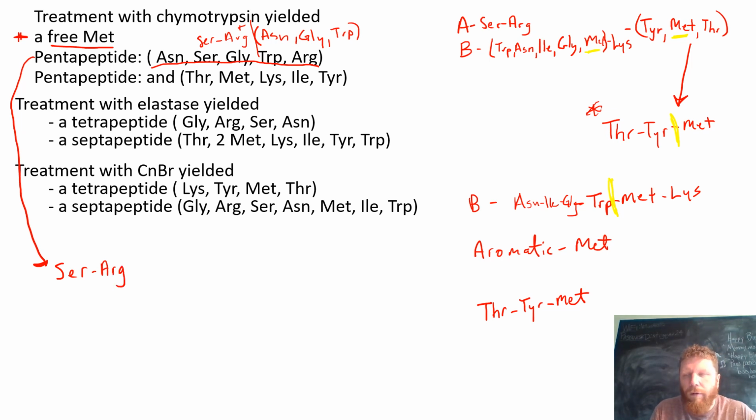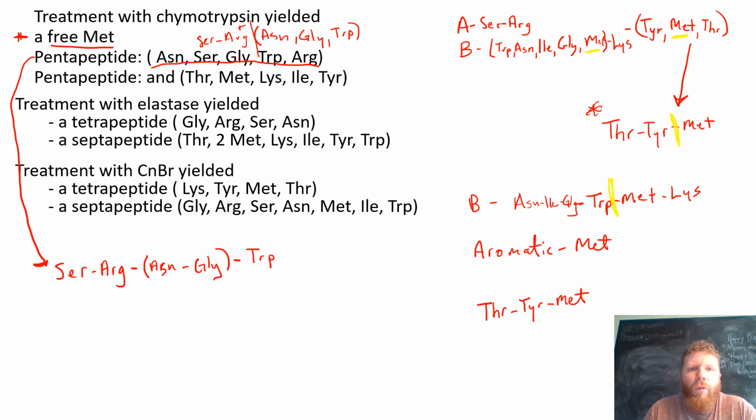Combining our trypsin and our chymotrypsin data, we know that we are going to follow that with ASN, GLY, and with our chymotrypsin data, we know that this is going to end with TRP, because TRP is a bulky aromatic residue, and so we have to have that organization for that pentapeptide.